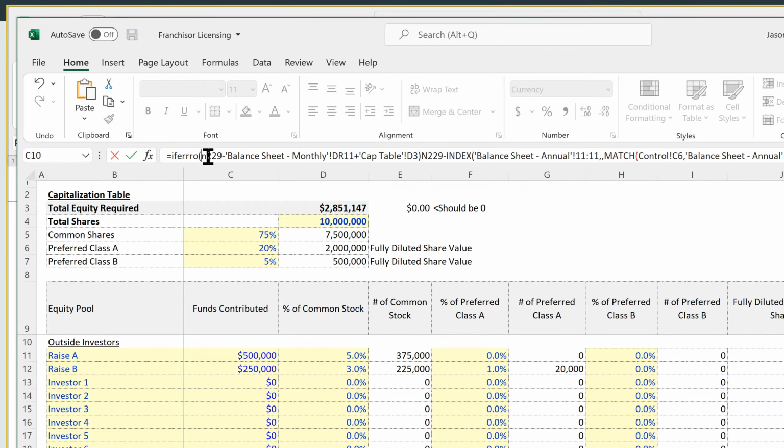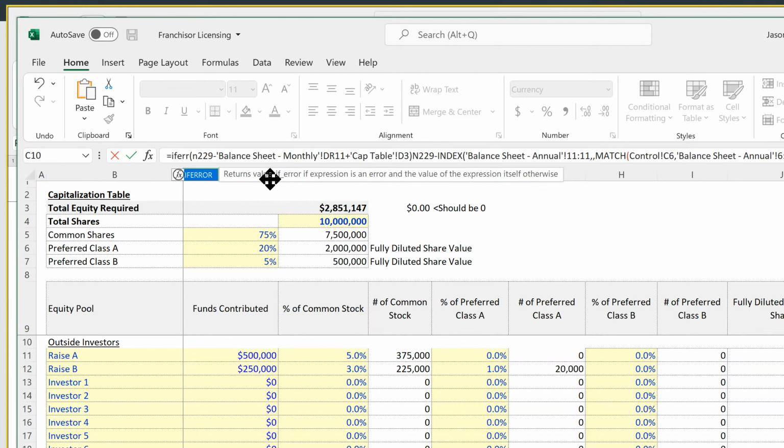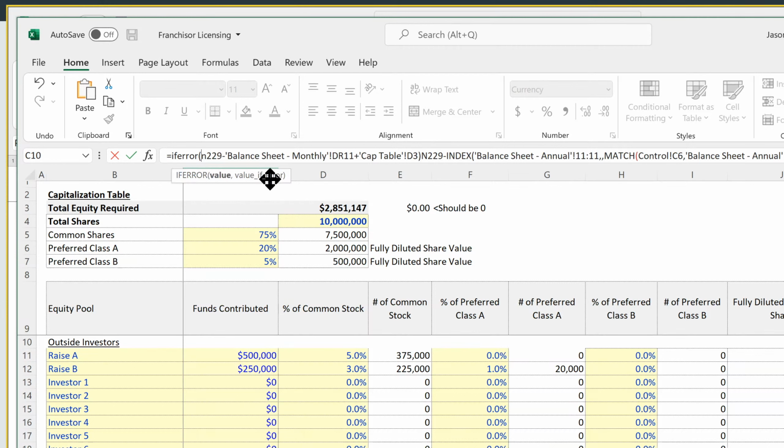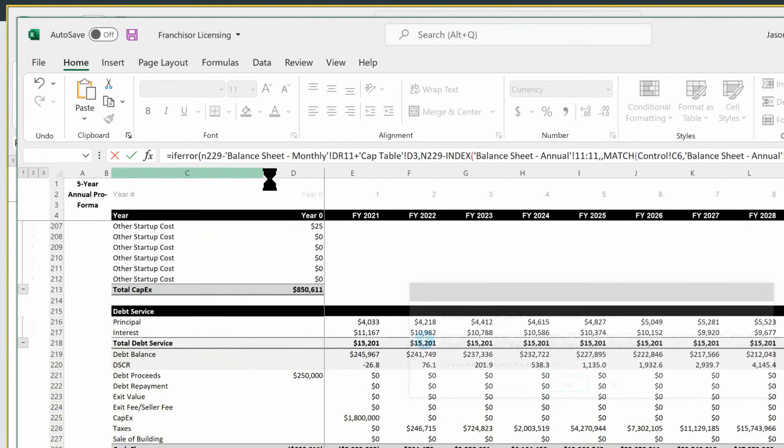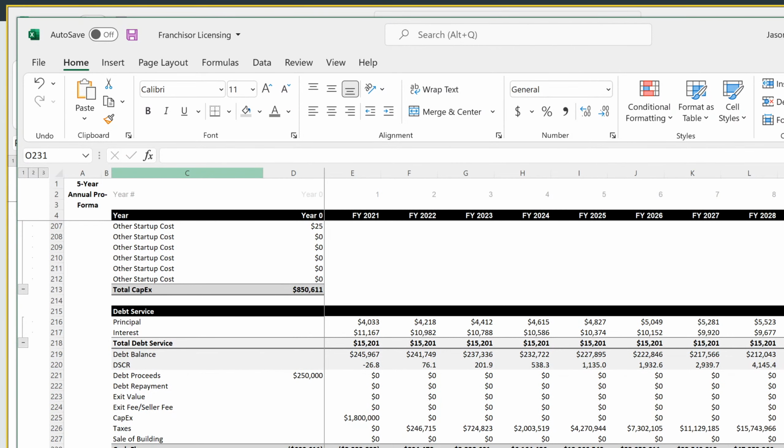If error or error value, otherwise always do that. Okay, thank goodness that matches.